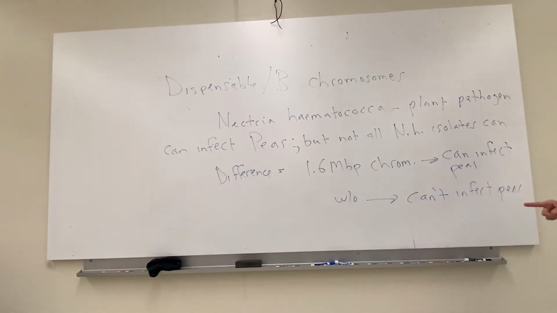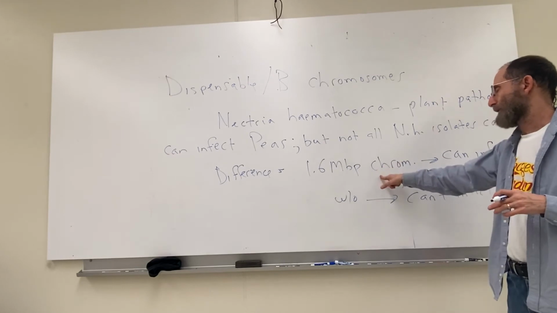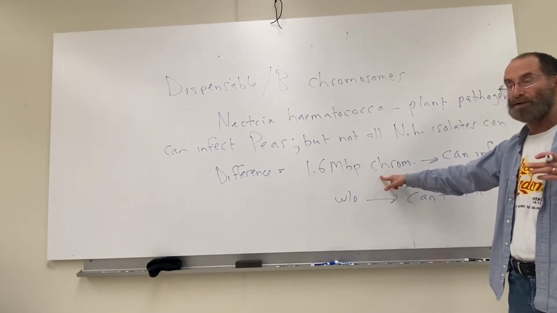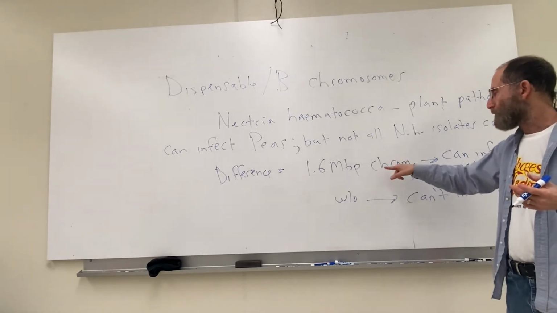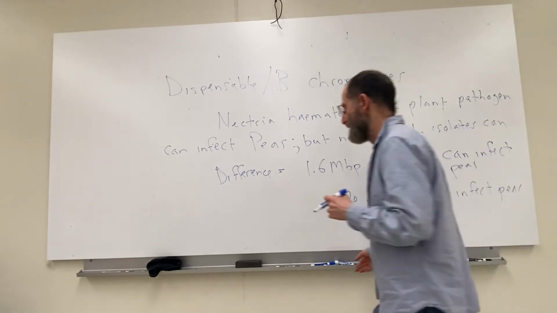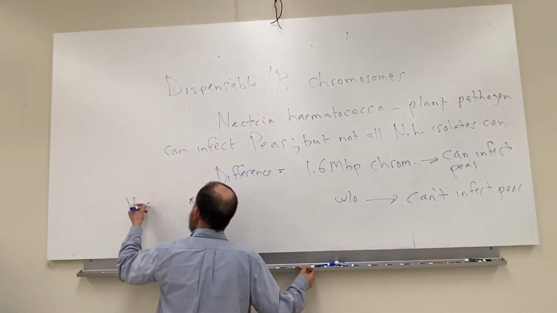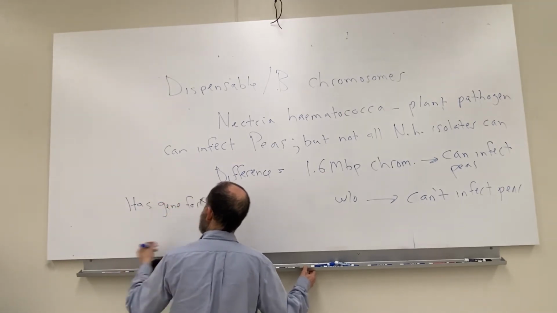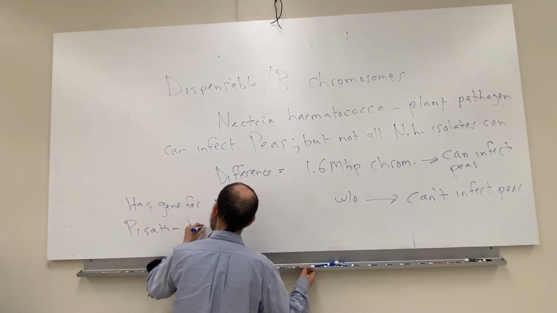And it turns out the reason that is, no matter what else is on this chromosome, and at this point, they probably have sequenced it, so they determined the nucleotide sequence, they know what genes. But the main difference is, if you have this chromosome, you have a gene on it for pisatin demethylase.